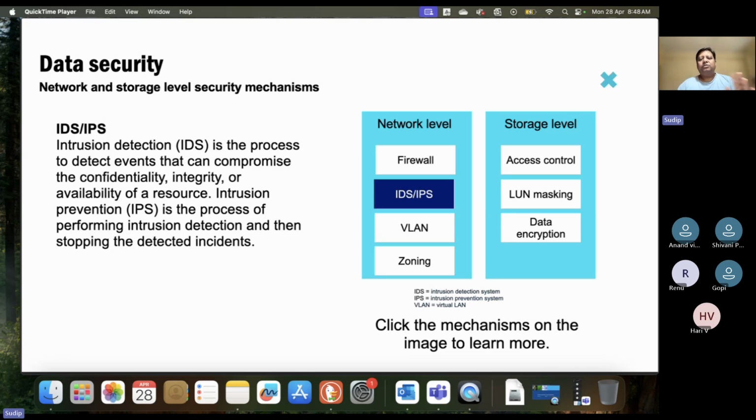So apart from a firewall, IDS and IPS is an additional layer of security. Many times, firewalls do not have the capability to understand, if you join multiple packets, what exactly it means.